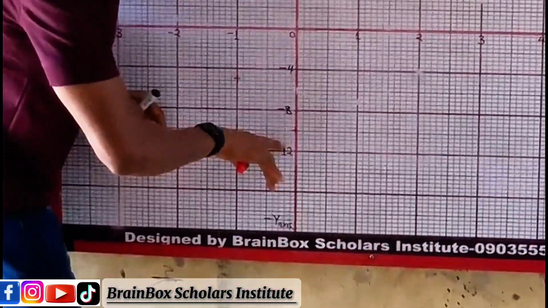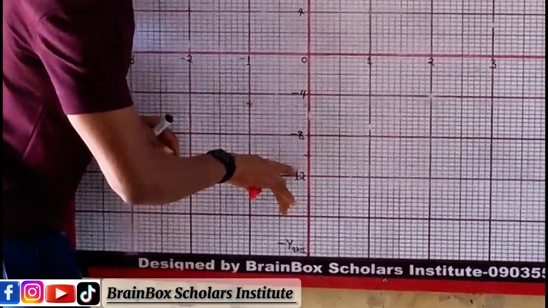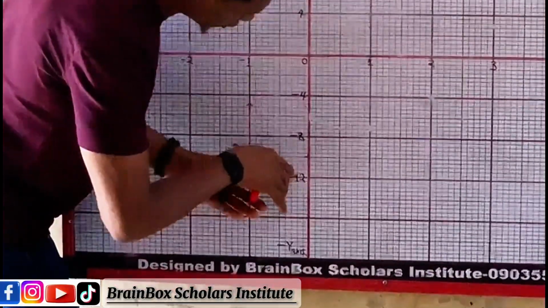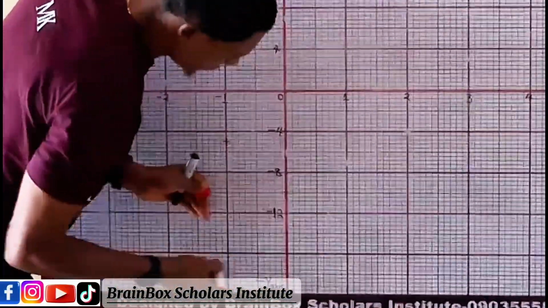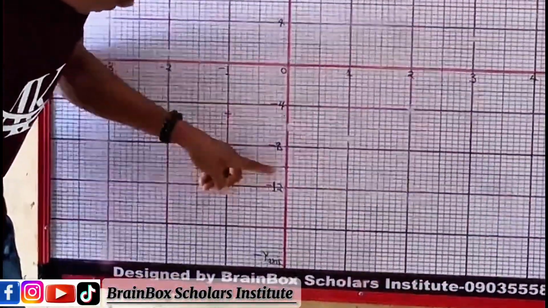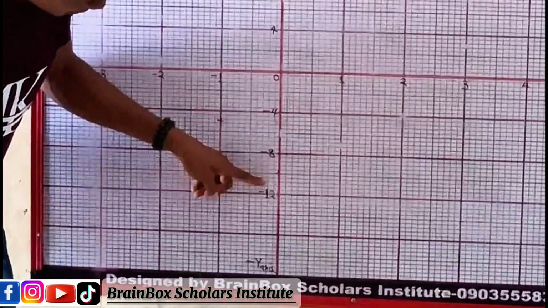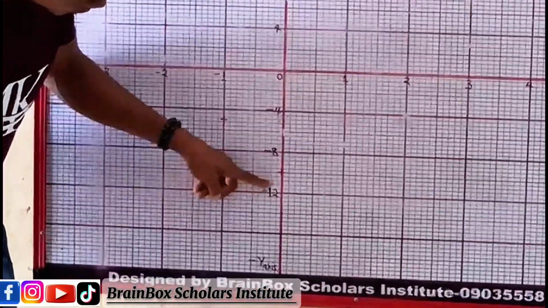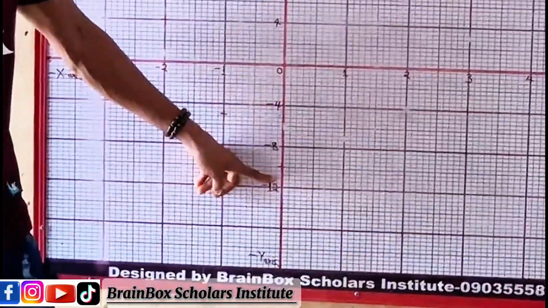So in between 10.8 and 11.2 is where I have 11, right? And that should be here. So here is 10, 10.4, 10.8, 11.2. So in between 10.8 and 11.2 is 11.